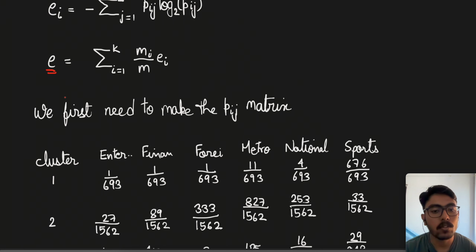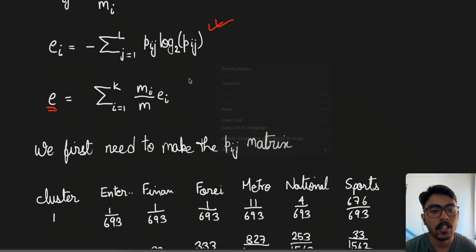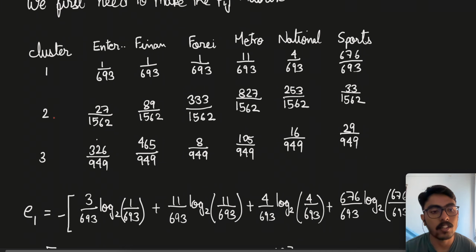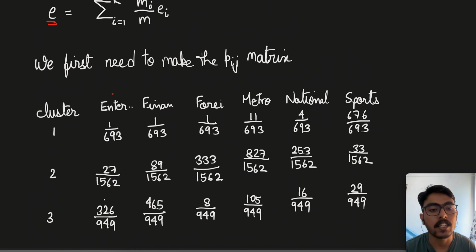First we need to make the Pij matrix in order to calculate the entropy. For that, let's write the clusters down first. What is written here is 1 by 693.